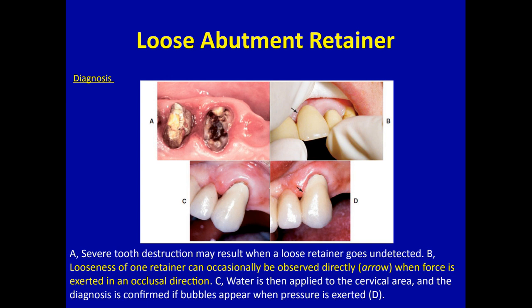Looseness of one retainer can occasionally be observed directly when force is exerted in the occlusal direction; we can notice the movement of the retainer. If water is sprayed around the margin and force is exerted in opposite directions, air bubbles will appear around the margin of the loose retainer.